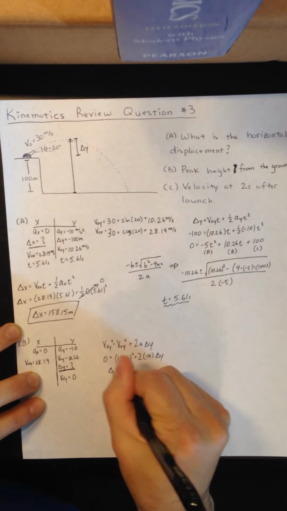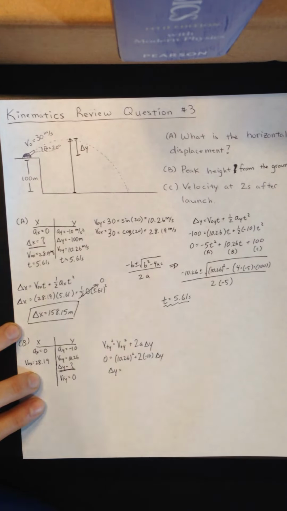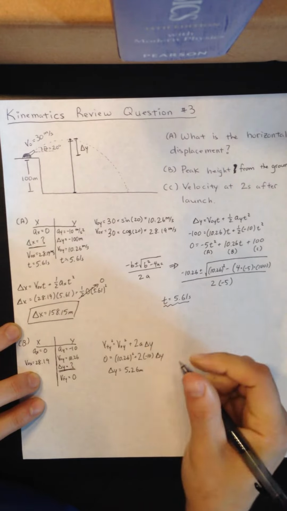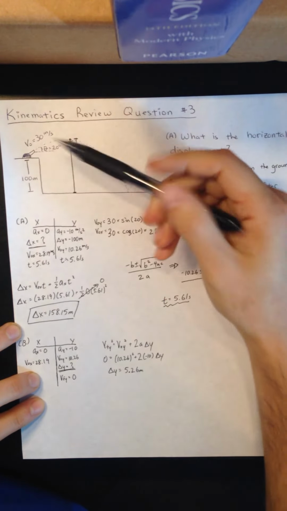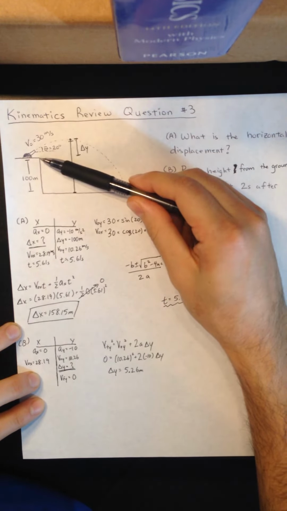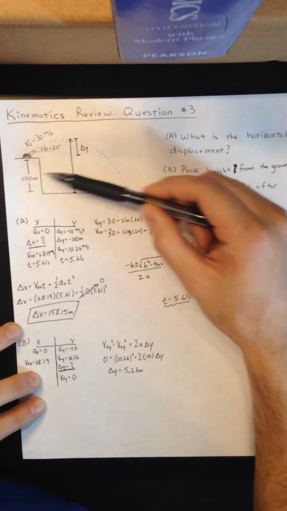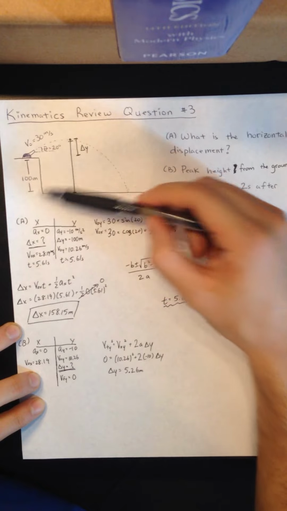Once we do this, we find that change in y is going to be equal to 5.26 meters. But this is how high it gets from the place it was launched to the highest point. It's not calculating this from the ground, and it was launched 100 meters up.